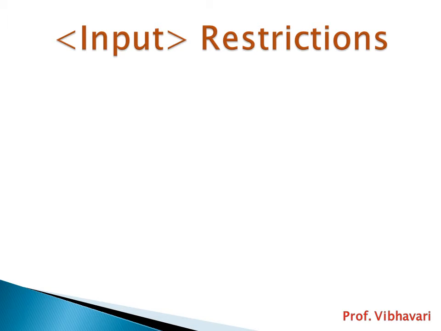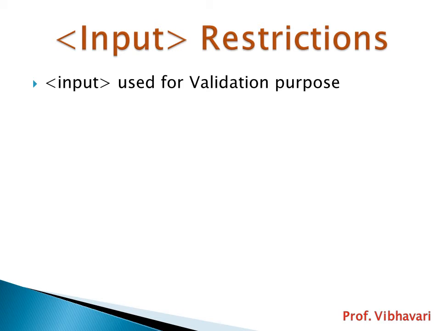Now the input type can also give certain restrictions on your web page. How come? Because input type is used for validation purposes. For example, username equal to text box means the username is always represented in the form of alphabets only.